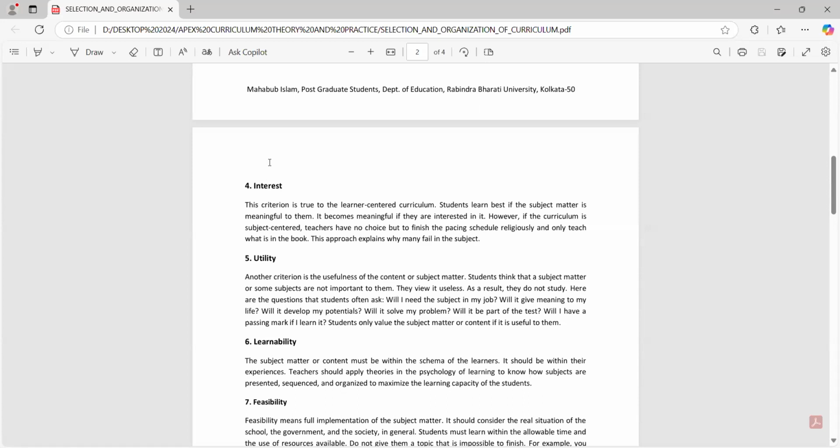Now here, interest. When you select the subject matter to be incorporated into the curriculum, you have to think of the interests of the students. If the students are not interested in the subject matter that you select, it's going to be a failure. So how will the students actually show interest? It should be meaningful to them, right?